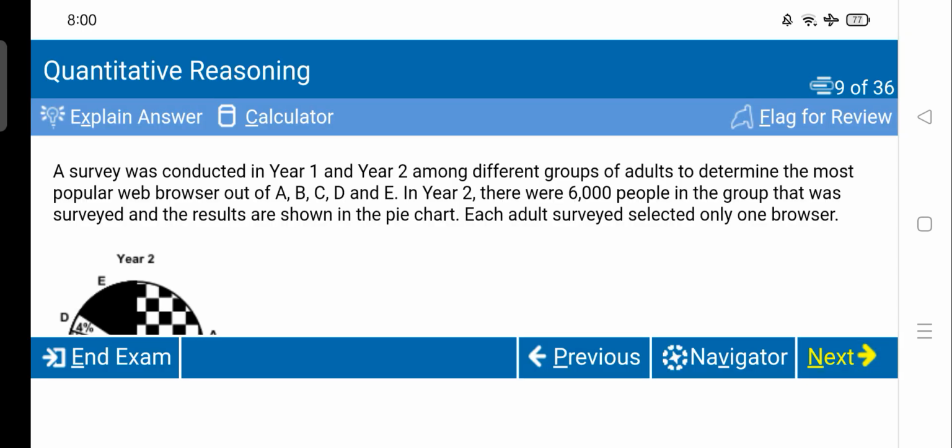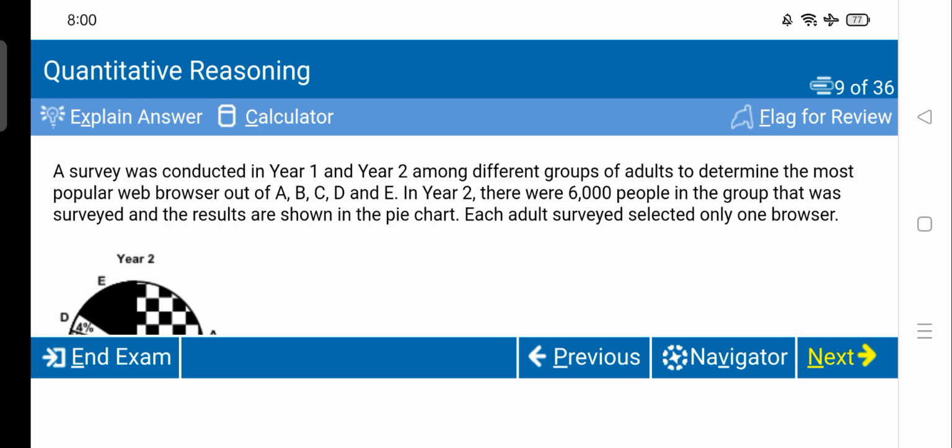Question number 9 is that a survey was conducted in year 1 and year 2 among different groups of adults to determine the most popular web browser out of A, B, C, D, and E. In year 2, there were 6,000 people in the group that was surveyed, and the results are shown in the pie chart.